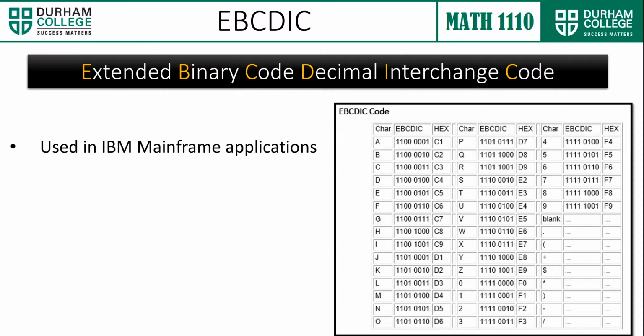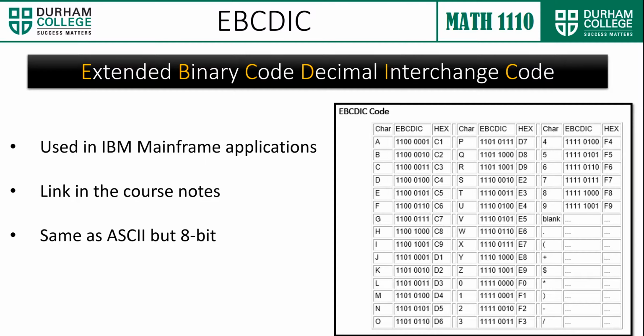It was IBM's proprietary technology, and that is why it was used a lot before, when computers were primitive in the 1970s and 80s. But now it is not used so much. I do have a link in the course notes for you, so I would suggest you go look at it.